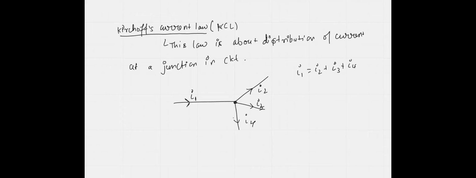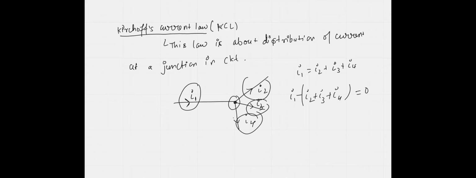If I say, Kirtana, this is the incoming current and these are the outgoing currents, and I ask you what is incoming minus outgoing? It is supposed to be zero. So what I wanted to say is that the net charge accumulated at the junction is going to be zero.